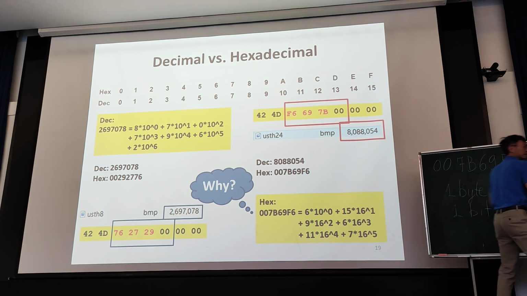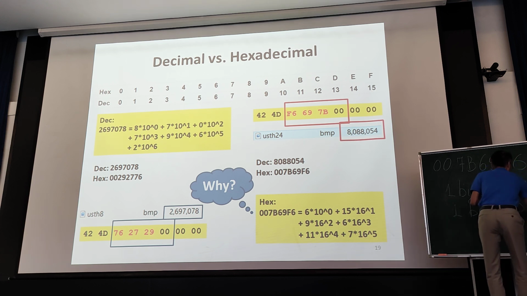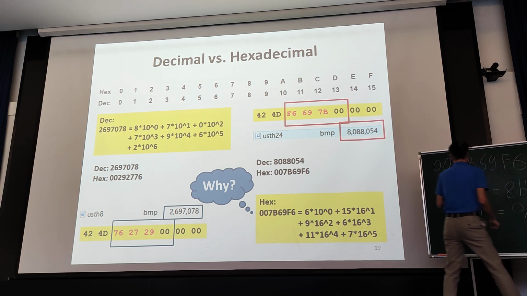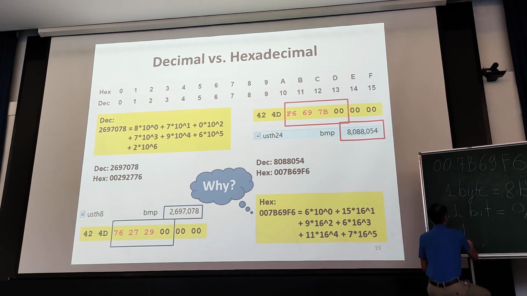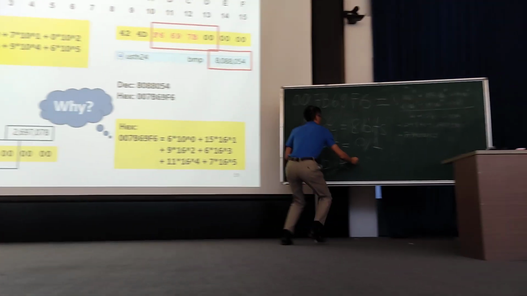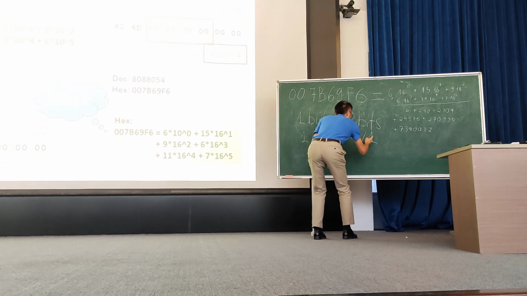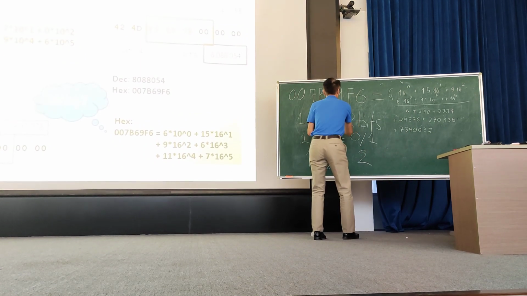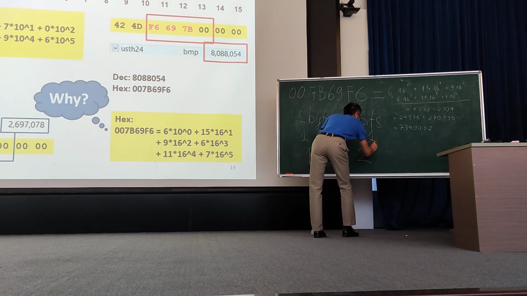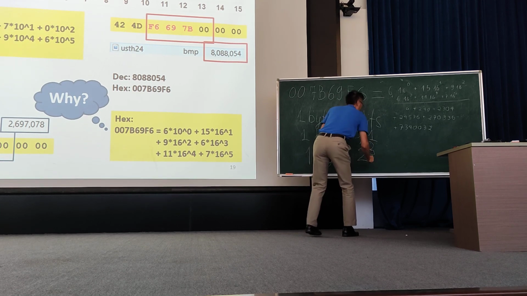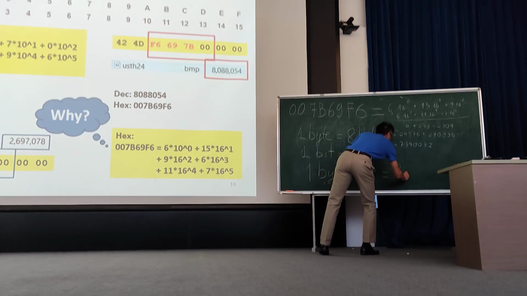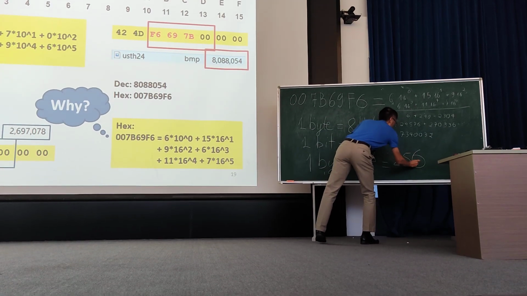It means that 1 byte can encode 2 values for each of 8 bits, and it's 256.